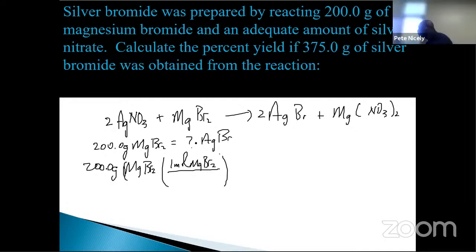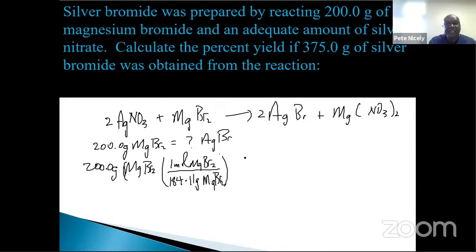Okay, so the molar mass of magnesium bromide is 184.11. So let me write that down here, 184.11 grams of MgBr2.